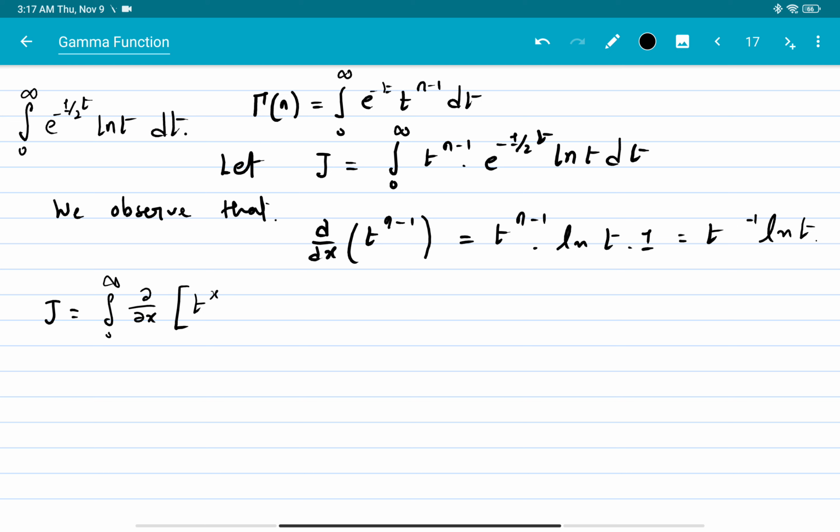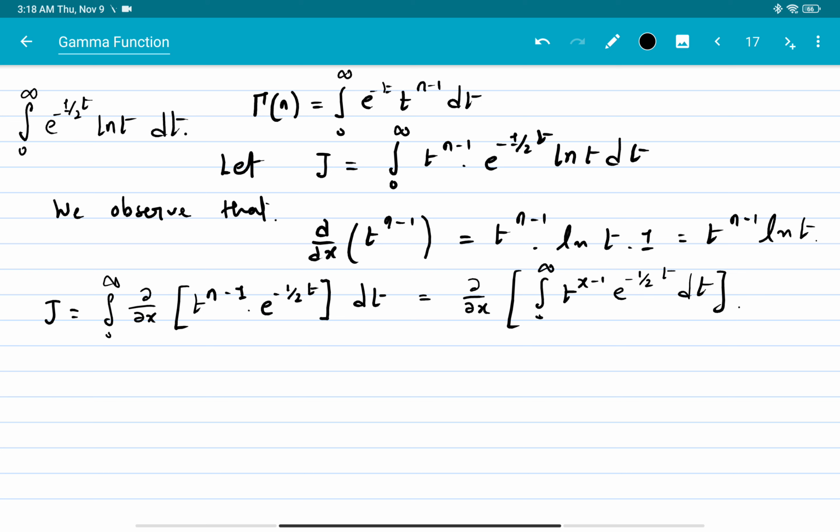So this is n minus 1. So t to the power n minus 1 times e to the power minus half of t. So del x of the integral from 0 to infinity of t to the power x minus 1 e to the power minus half of t dt, right?